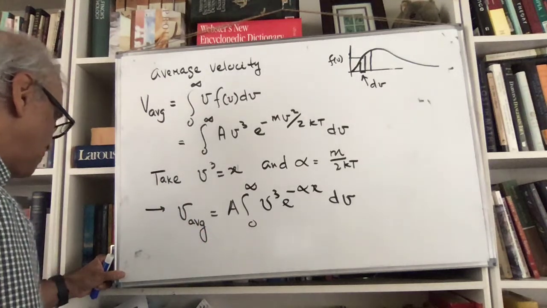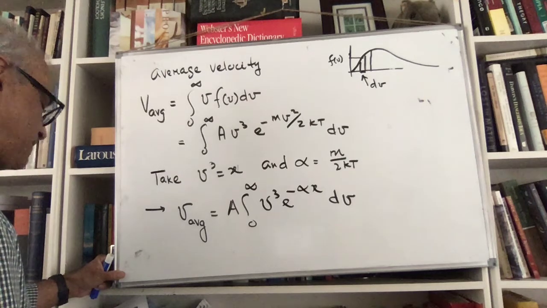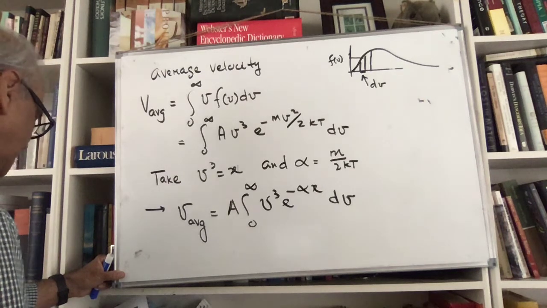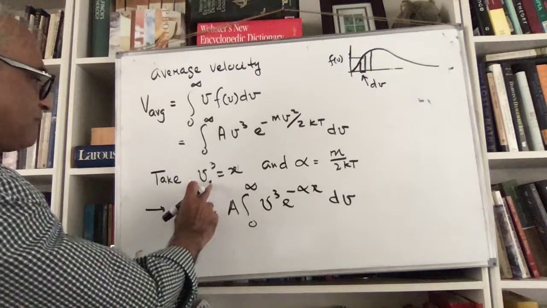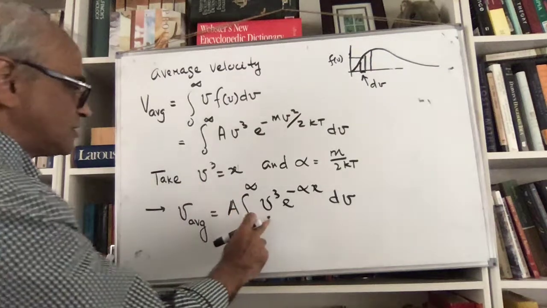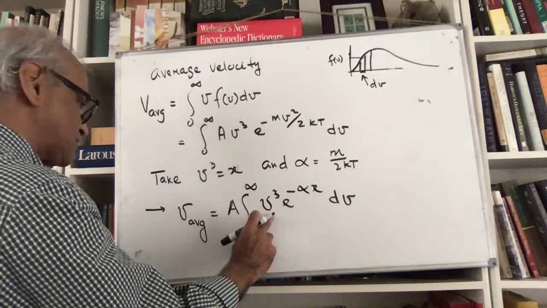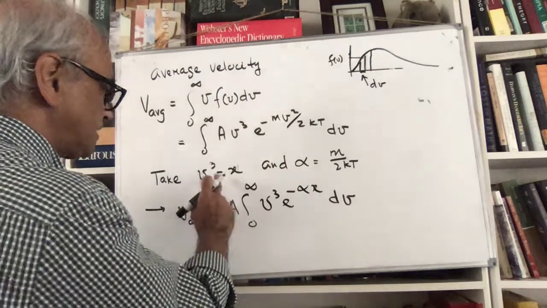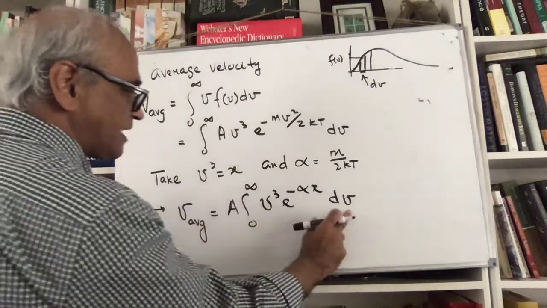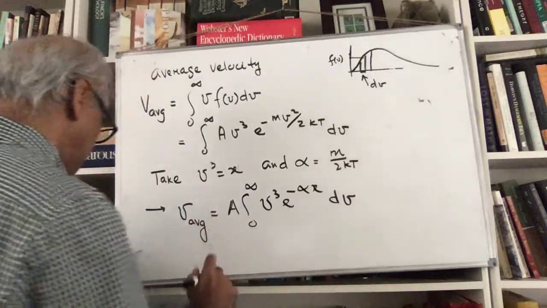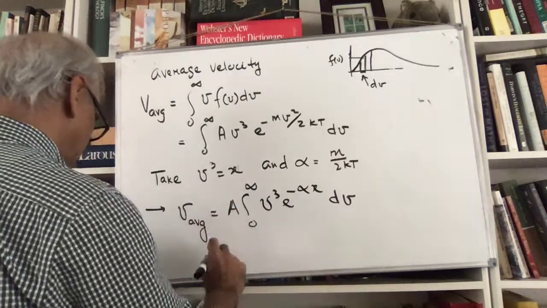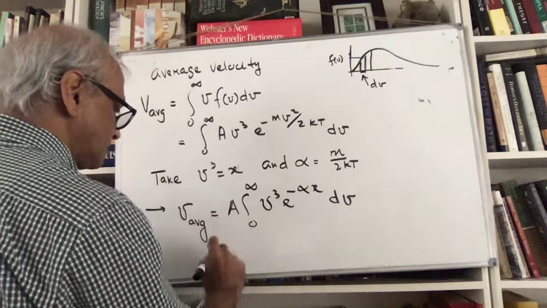But before I do this, let me think about this a little bit. Remember, I have v cube equals x. So I need to change that to x or something like this. But if I do this, I need to change dv also. So let me do it this way.